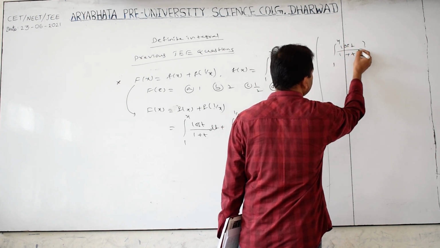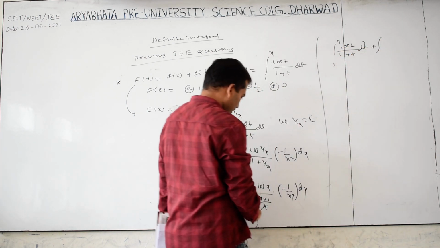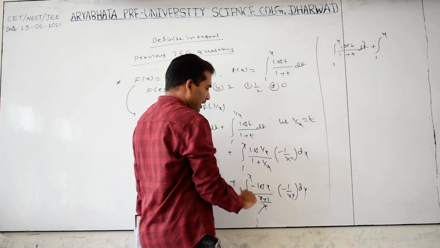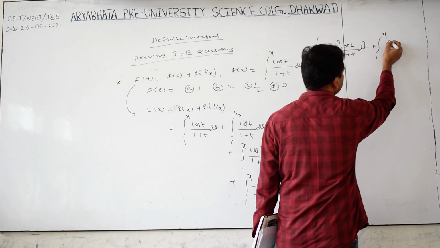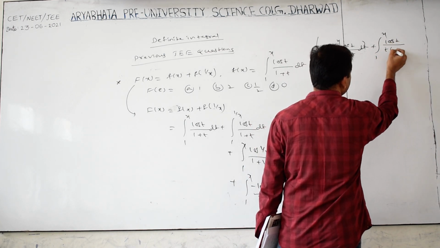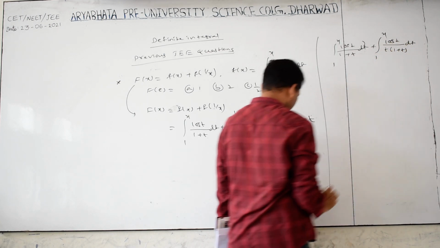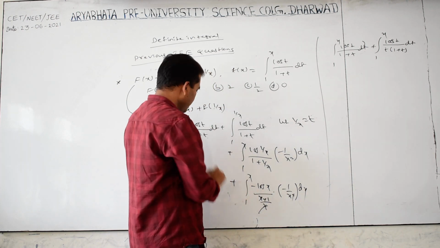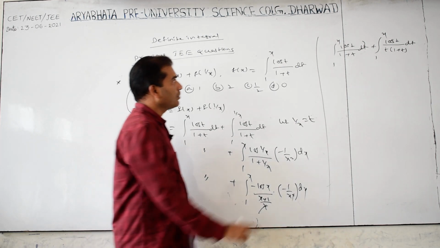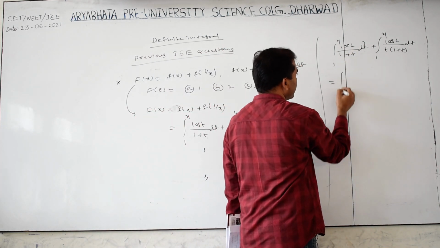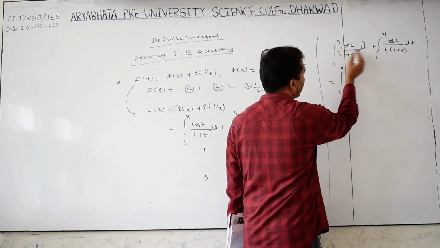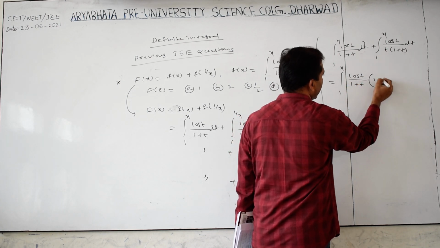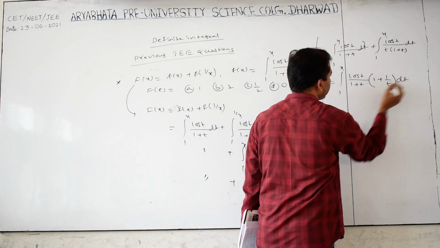Plus, here also same, integration of 1 to x, minus minus plus, log of variable, change the variable, log t by t into 1 plus t dt. Here in place of x, write t. If you change the variable, there is no change, this is same, right. Both have same limits, then we can add it, integration of 1 to x, when you take common here log t by 1 plus t, then common is 1 plus 1 by t dt.